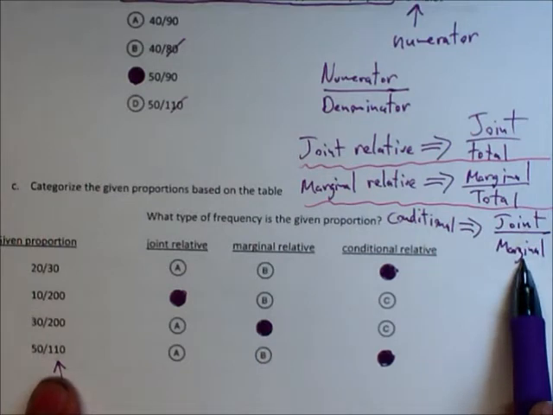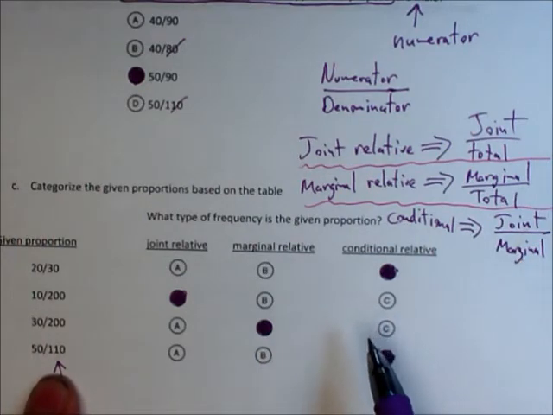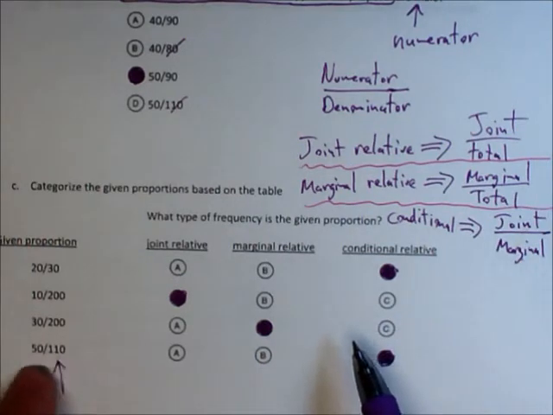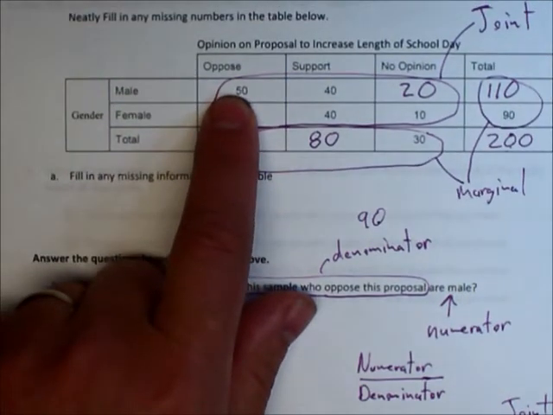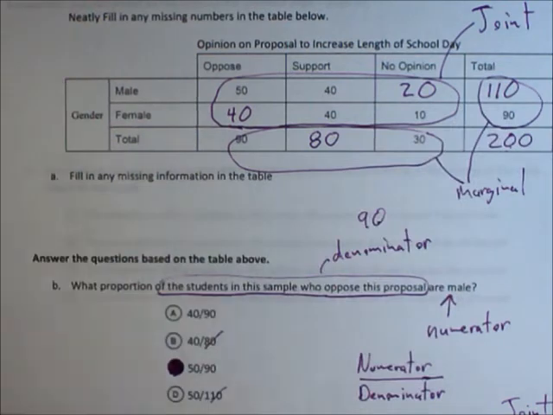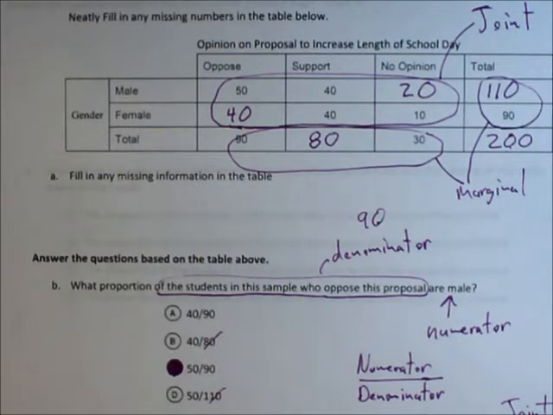In the case of the table, it's the total number of males, and the 50 is the 50 who oppose. So this 50 over 110, this conditional relative frequency is out of the males, 50 of them oppose the proposal. Okay.